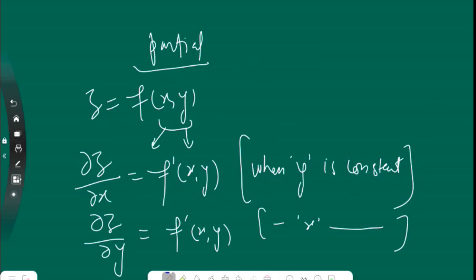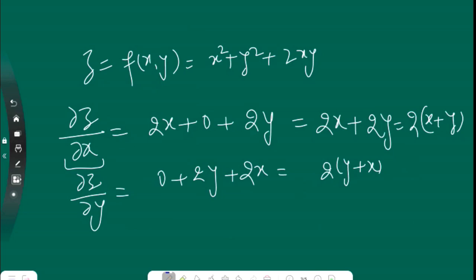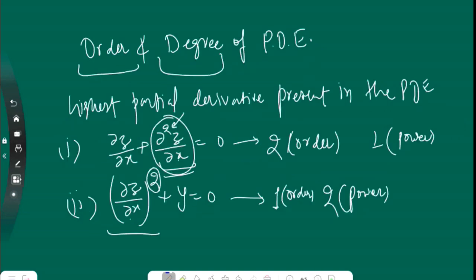And how do we differentiate it? First, with 1 variable, the other one remains constant, and when we take the other one, the first one remains constant. Here we took an example, which is x square plus y square plus 2xy. Here del z upon del x: when we differentiate it with x, y remains constant, and when we differentiate it with y, x remains constant. And then we studied order and degree of PDE.